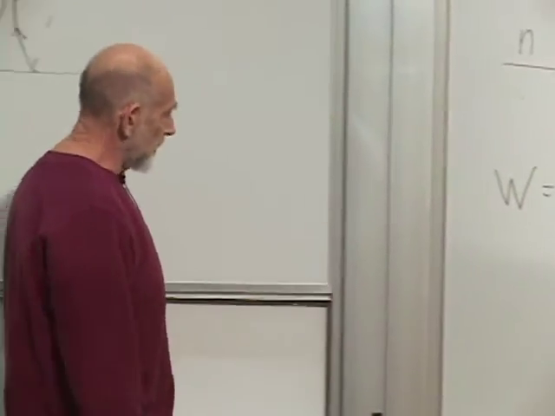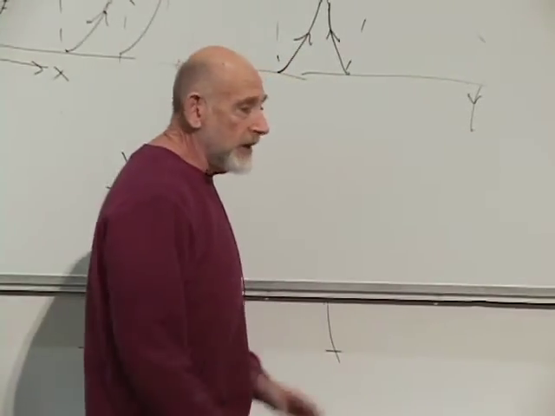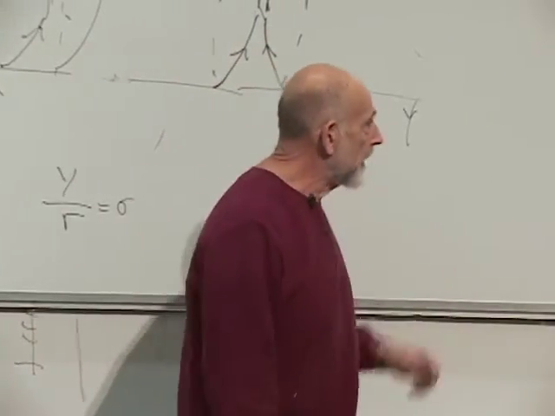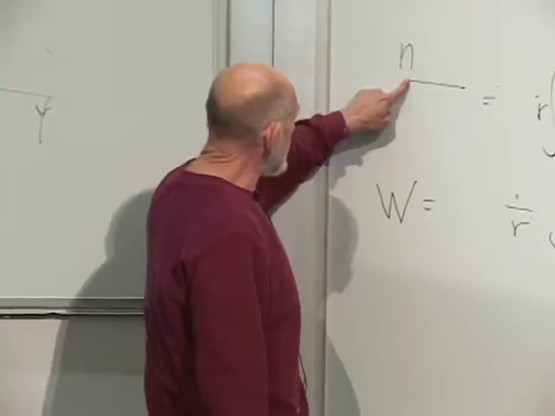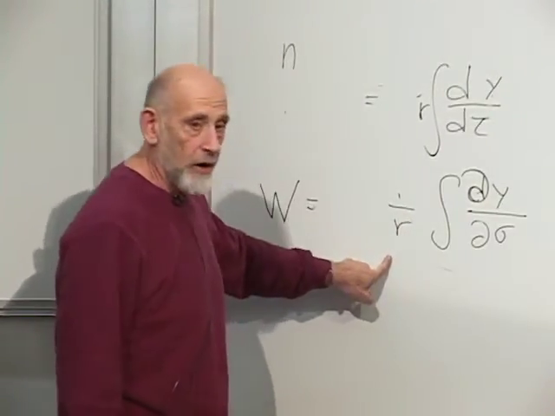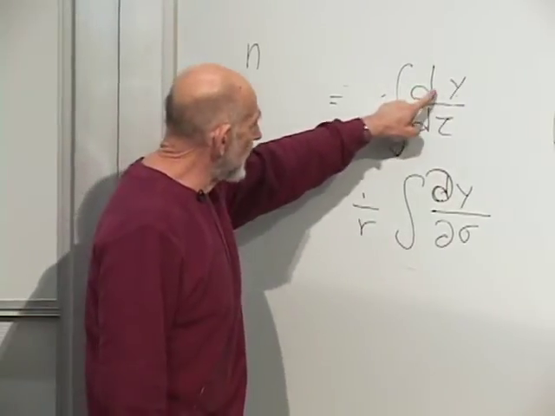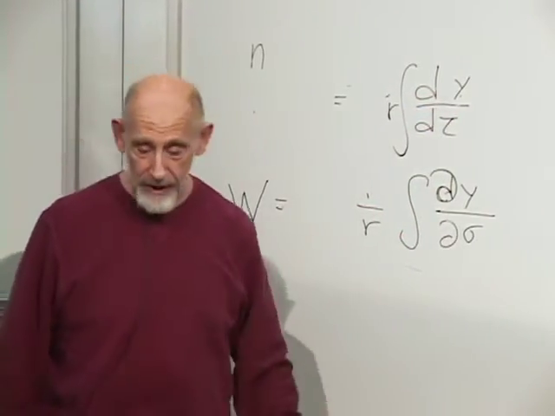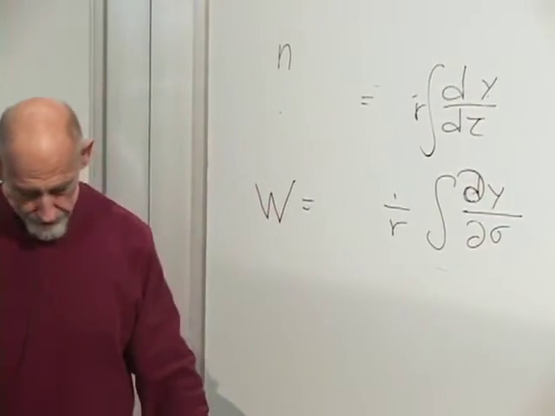So this is kind of curious. T-duality, this funny duality between winding number and momentum, is equivalent to interchanging n and w, interchanging R and 1 over R, and interchanging dy d tau with dy d sigma. Funny mathematical construction.